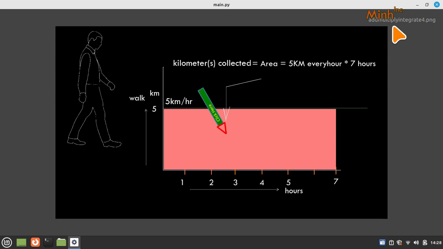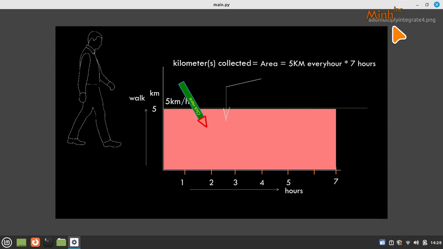So x-axis is the independent variable, so time just passes through, and y-axis is how many kilometers he is walking. So this is the dependent variable, and if it is constant, every hour the collection is constant, then it will lead to this kind of a rectangle, and calculating the rectangle is nothing but the total addition, total collection.